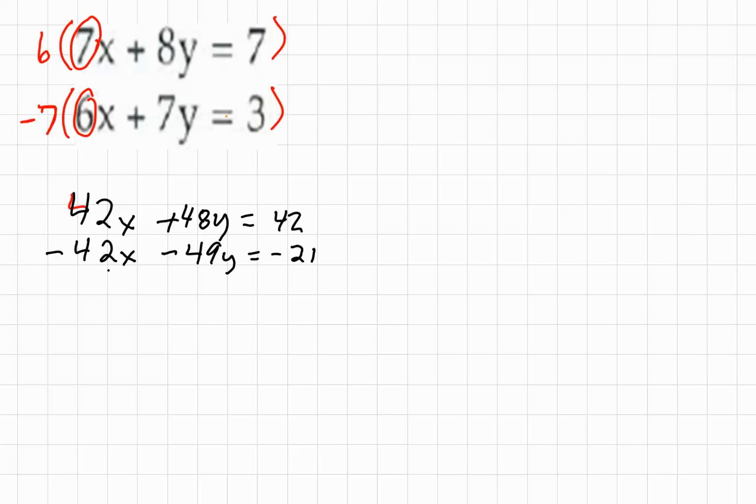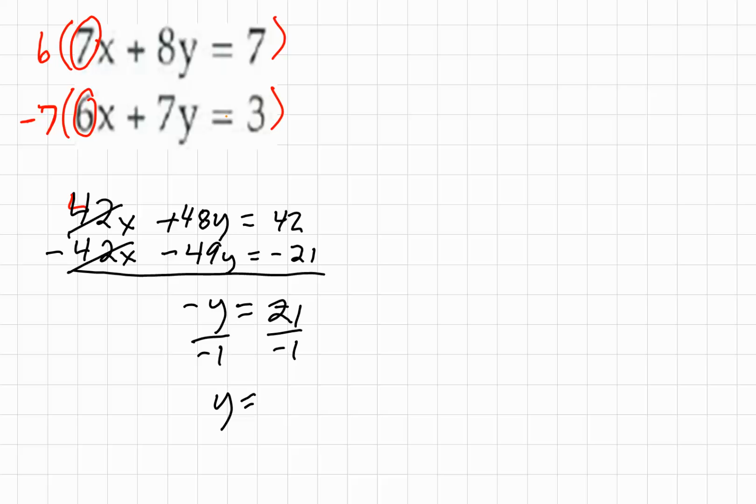Now by doing that, we have made a system of equations where the x's in essence go away, and we're left with minus y equals 21. And then if we divide by negative 1, we get y equals minus 21.